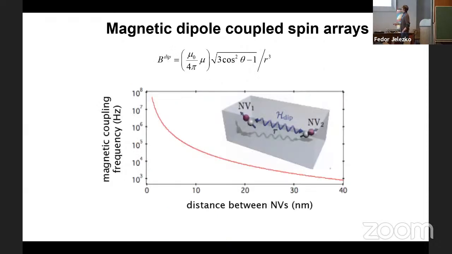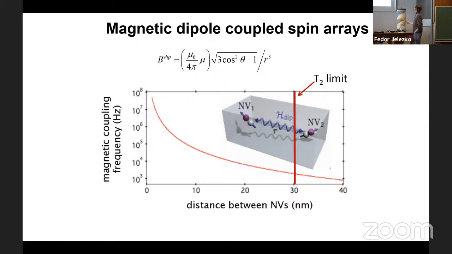But first, how close again can the spins be? So you need to have coupling between spins that is stronger than decoherence. For room temperature, coherence time is limited by phonon relaxation, which is about a few milliseconds. And this is your T2 limit.